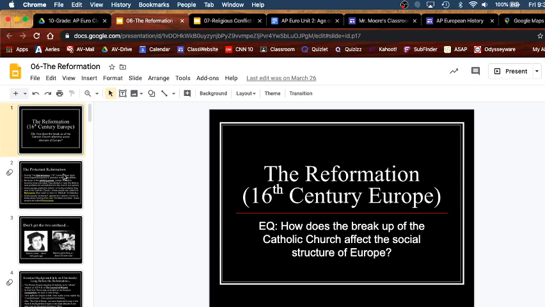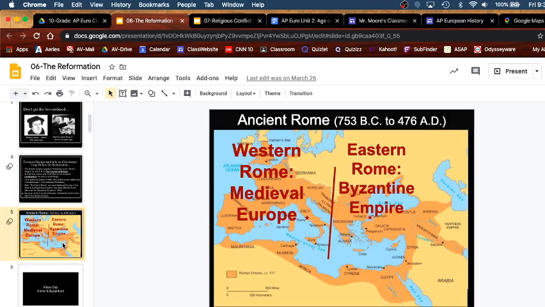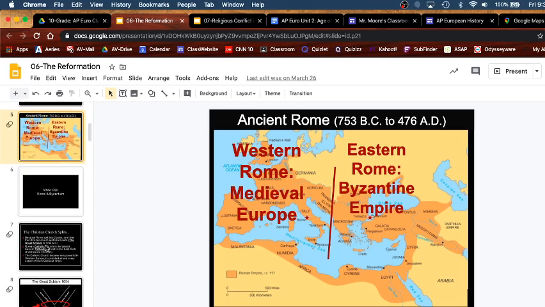And to be honest, that's one of the first things that I did in this class as I taught students about the Reformation. I tried to lay down some basic context, to lay down some things that students needed to know before we got into the Reformation. You have to understand the basics of Christianity.